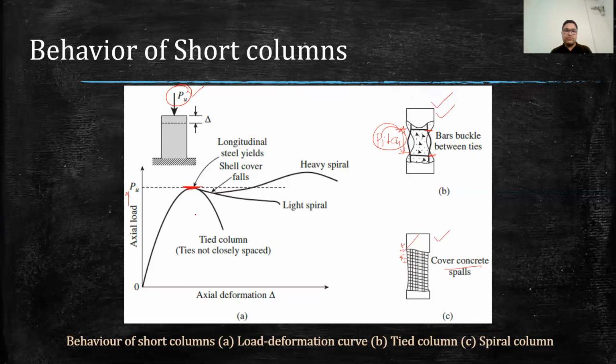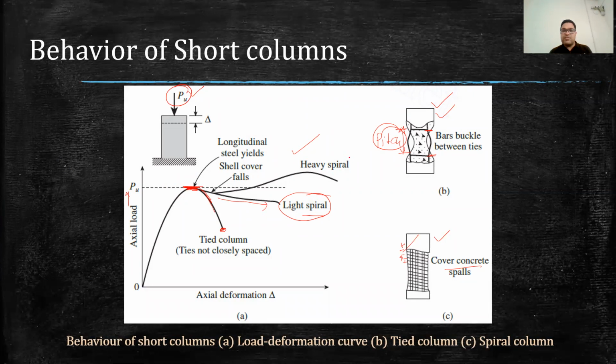So this is also shown with the help of this graph. The column with lateral ties can take load up to this. If we further apply load, then it won't take load and it will collapse. But if we provide spirals, you can see the deformation is taken by the spiral, which means spiral reinforcement provides more ductility.